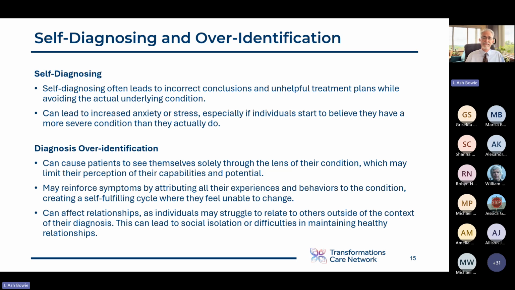It can really impact relationships when their ability to relate to other people happens through the lens of a certain diagnostic impression that they have with themselves. This itself, in my opinion, is a clinical concern. There's no diagnosis for it necessarily, but it is a clinical concern that we should always be paying attention to.